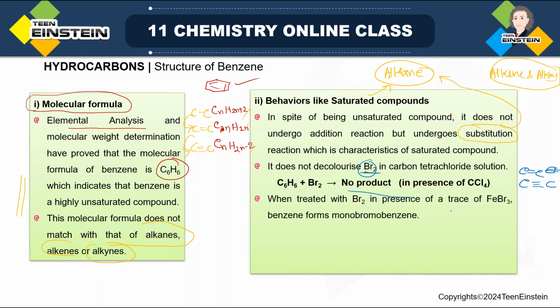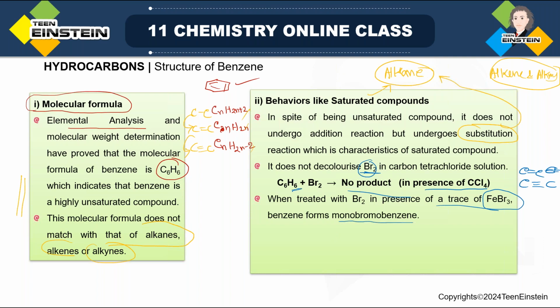Now this observation is in presence of CCl4. That is the reagent, bromine in CCl4 solvent, we use when we do the unsaturation test for alkene or alkyne. But suppose you are treating the benzene molecule with bromine in presence of a trace amount of catalyst, which is FeBr3. Now what is happening? Benzene is forming monobromobenzene.